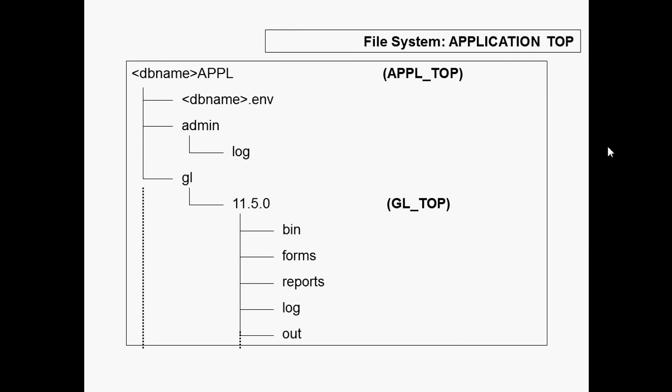Those are the architecture level concepts that you should understand, because most of the interface programs or reports that you will be writing will probably come somewhere here. When you write a report, it will go into the reports folder, the forms stay in the forms folder, and shell scripts stay in the bin folder, but they will all be under XXI_TOP mostly, because that's where you store your custom programs. That's your custom top.